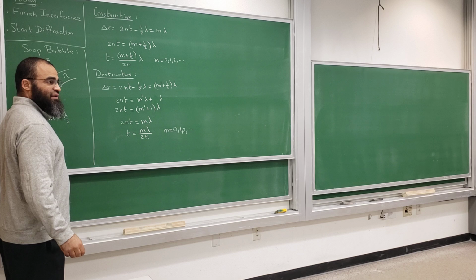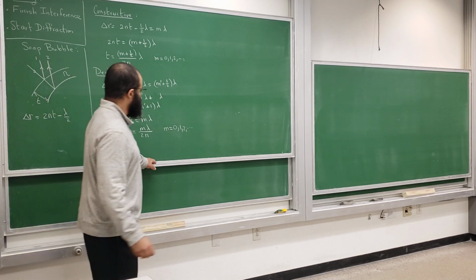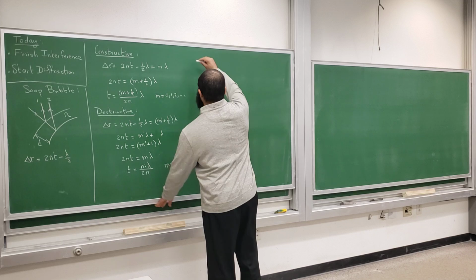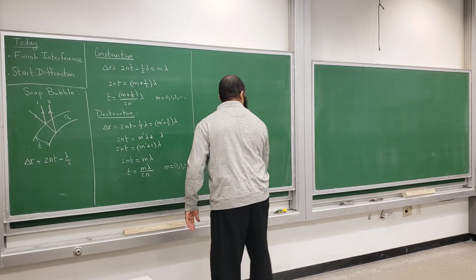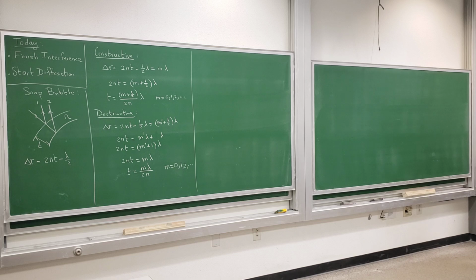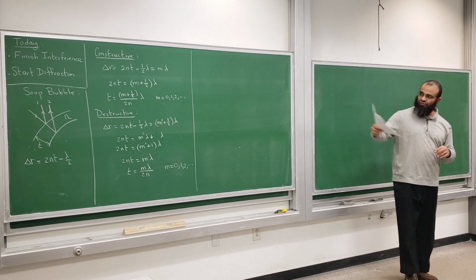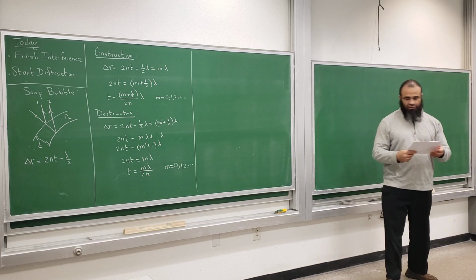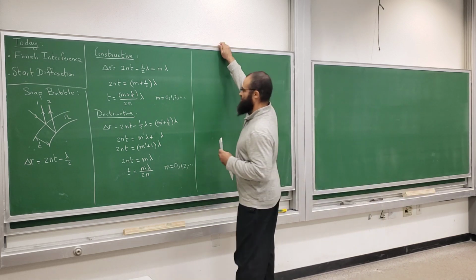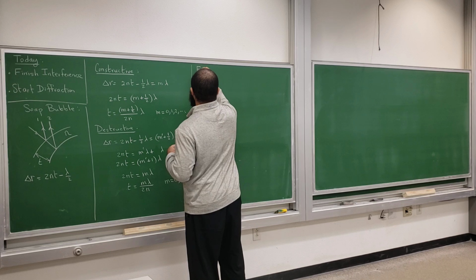So that's that. The example I wanted to do is the following. Suppose we send blue light and red light. So we send 2 beams of light on the soap bubble. So this is an example.